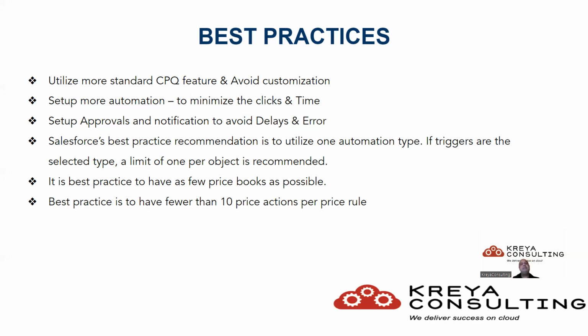Do not create a bunch of price books where you are confused about whether, for this particular product or line item, you have to utilize price book A, B, C, or D. So do not make it more complex while using your price books. Another best practice is fewer than 10 price actions per price rule. If you are using a price rule, do not create multiple price actions within one price rule. At max, you can use 10 price actions in a price rule.